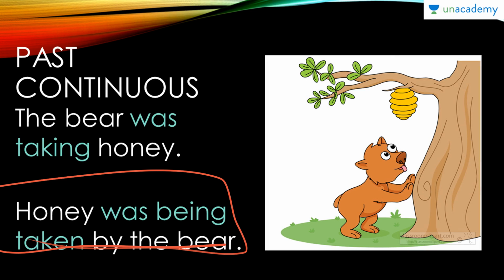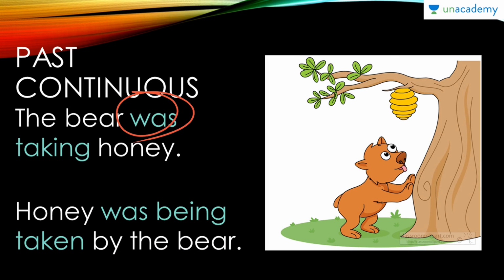This is similar to the present continuous, but just that is is now replaced by was in both active and passive voices. So the bear was taking honey. The bear is your subject. Honey, object. Was taking together is your verb. And this sentence is in active voice.